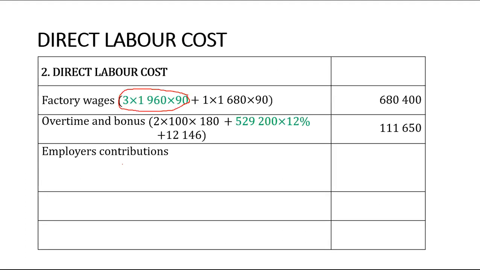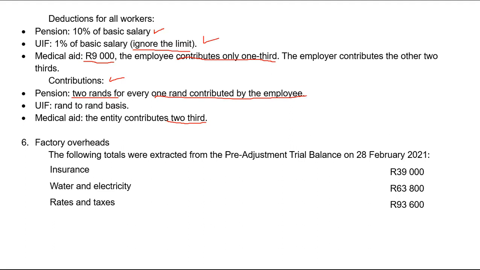The first one will be those 3 employees, remember? So 10% of their basic salary, and then you multiply that by 2, because they said for every 1 rand that the employee contributes, the employer will contribute 2 rands.